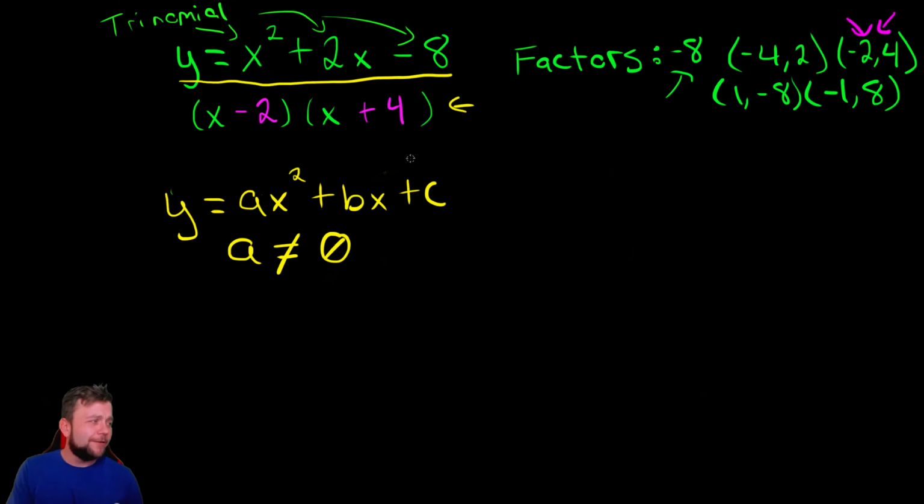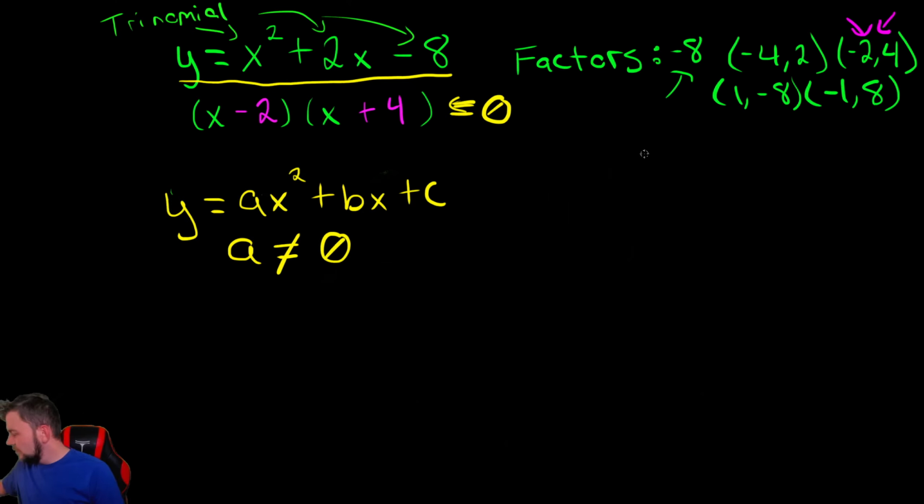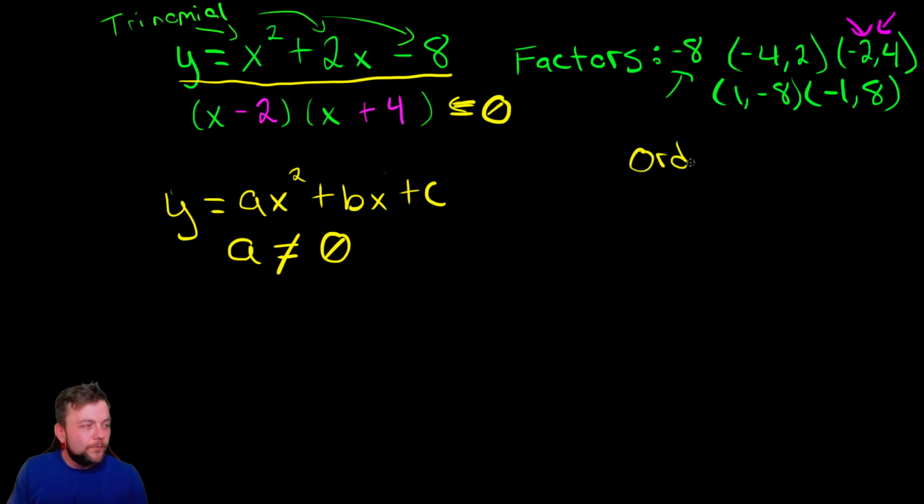But what you do is you set this equal to 0, because when you think of the ordered pair, let me write that out. When you think of the ordered pair, your ordered pair is going to be, let's just say anything, x, we'll put a little question mark there, and then 0.